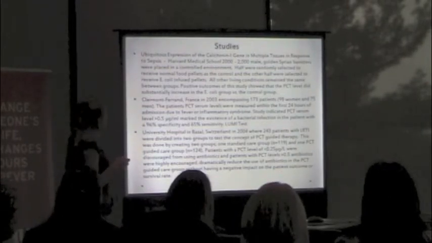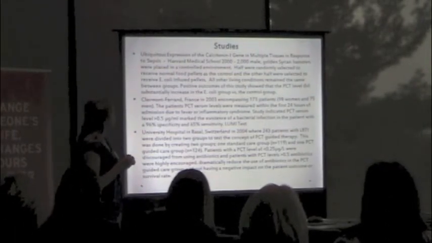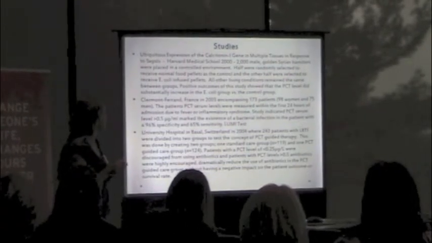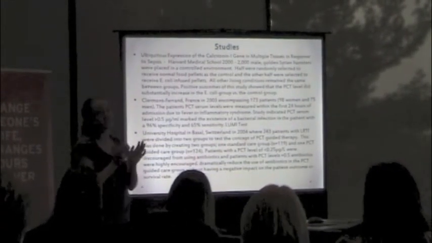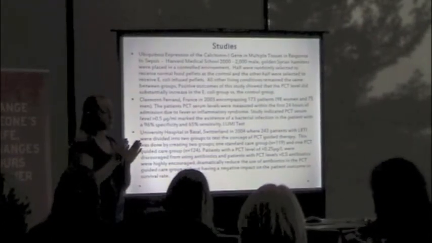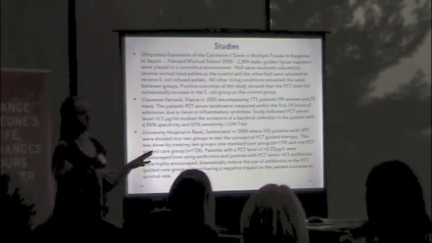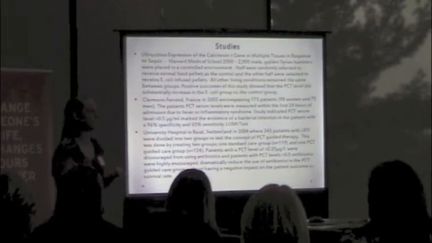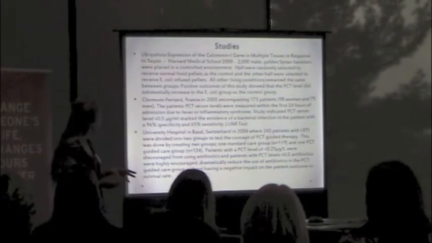In Switzerland, we had 243 patients. This included both males and females. And it was divided into 2 groups again, a control group that was treated normally and a second group that was treated using the procalcitonin guidelines.